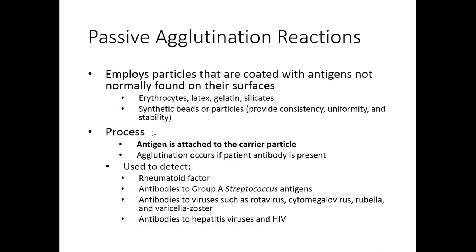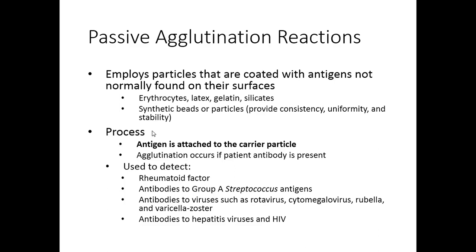In other words, a known antigen is intentionally attached to a carrier particle, and then we can test using that antigen against the patient's serum to see what the antibody is, and see if the patient has developed antibody because they had prior exposure.